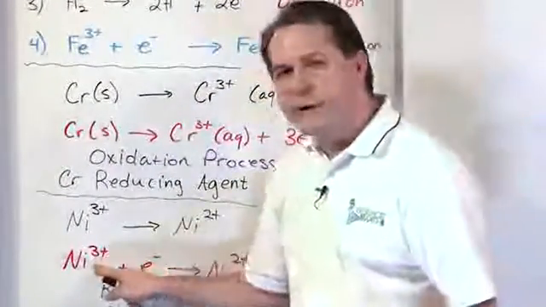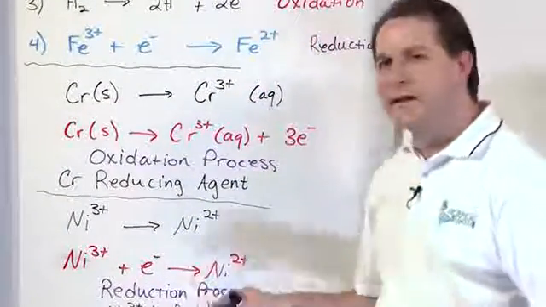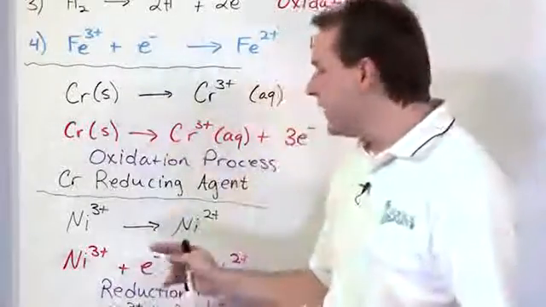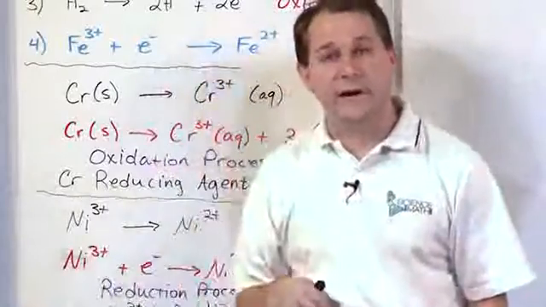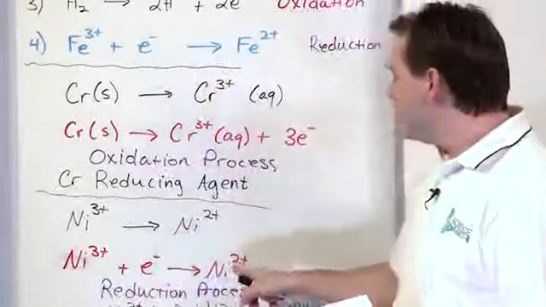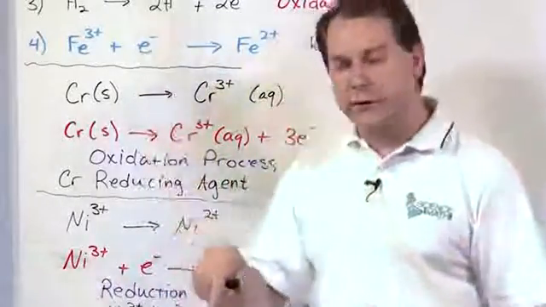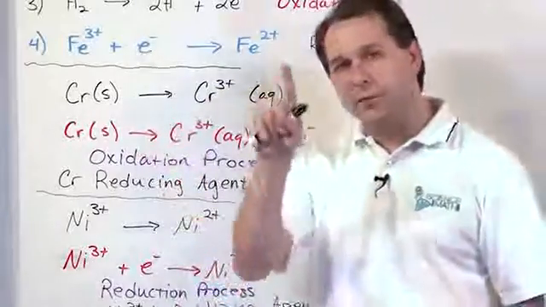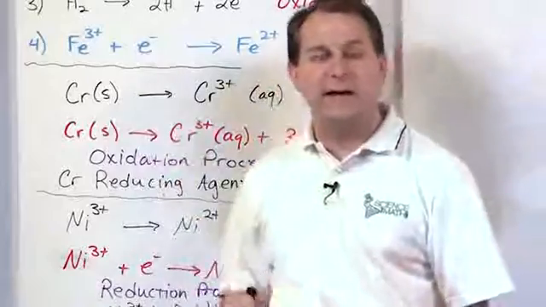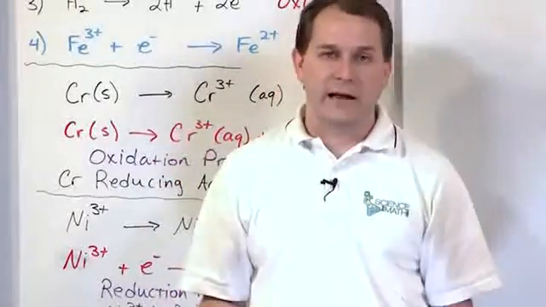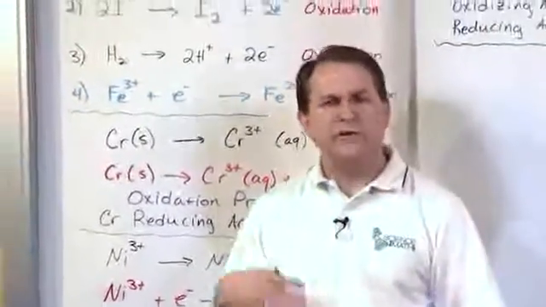If this +3 ion gets less positive, the only way that can happen is if an electron jumps into this atom. If I add another electron to it, it's going to be a +1 charge. And if I add a third electron, I would end up with a neutral nickel atom.